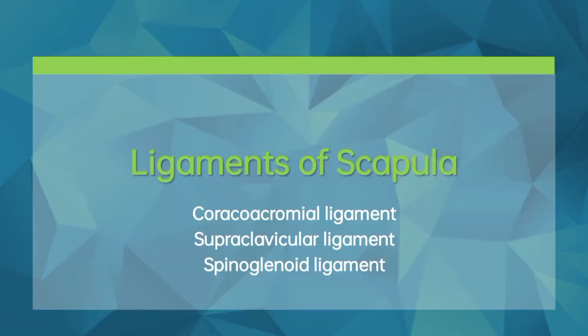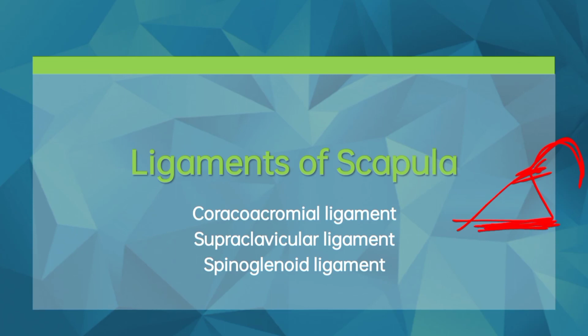Moving further now to the ligaments of the scapula. We have the coracoacromial ligament. It is a triangular ligament. The apex is attached to the tip of the acromion, and the base to the lateral border of the coracoid process.